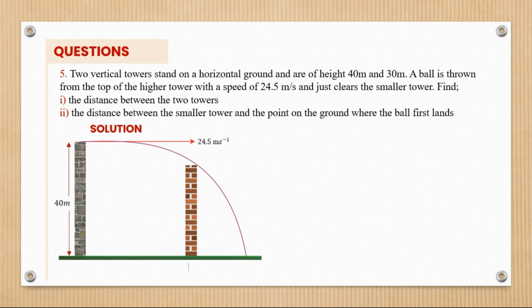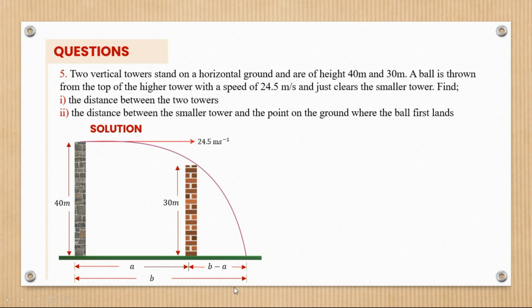The height of the tallest tower is 40 meters. The height of the smaller tower is 30 meters. We also don't know the total horizontal distance from where the ball is thrown from the tallest tower to where it lands, the distance between the two towers, or the distance from the small tower to the point where the ball lands.